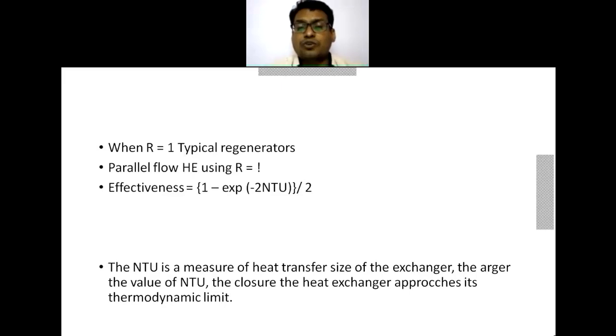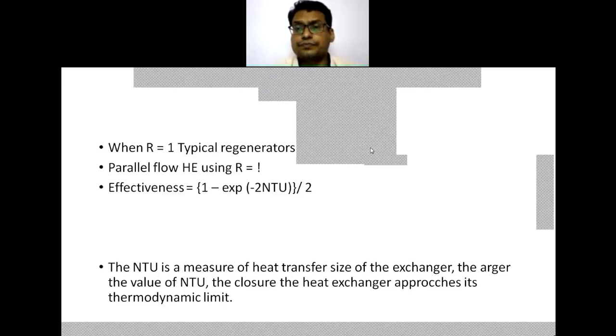The larger the values of NTU, the closer the heat exchanger approaches its thermodynamic limits. So this is all related to the effectiveness method, in which we are calculating the heat transfer coefficient and the outlet temperatures.